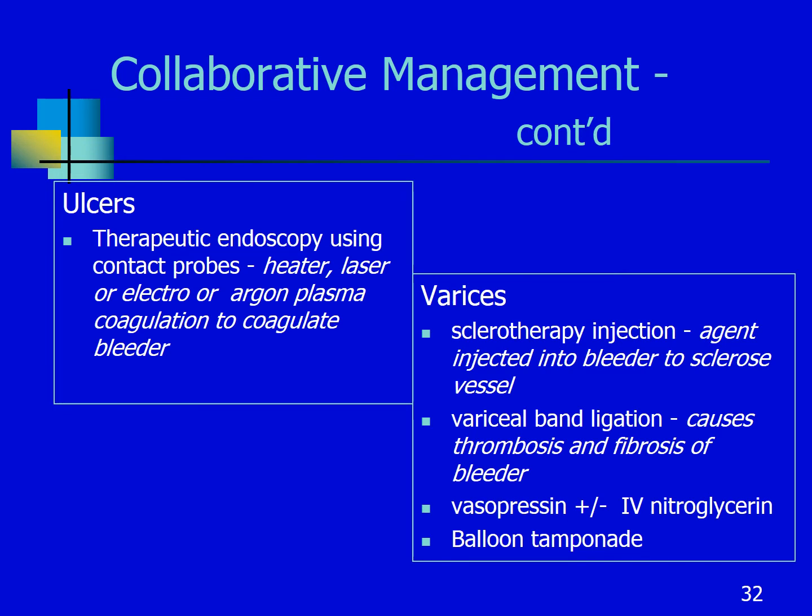We can put a band to try to form thrombosis and fibrosis of the bleeder, or vasopressin and IV nitroglycerin, or balloon pump. It's inserted to try to inflate the balloon, so that it could put pressure on the site that is bleeding. Next slide.